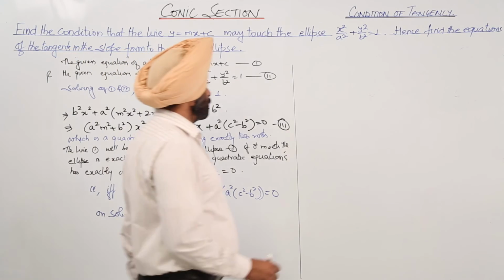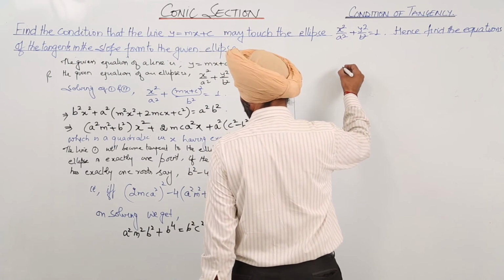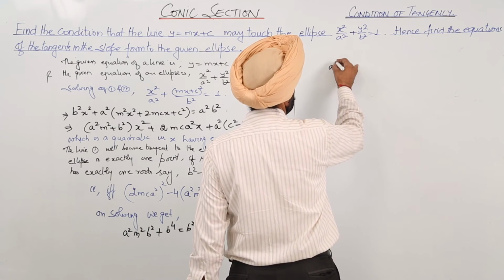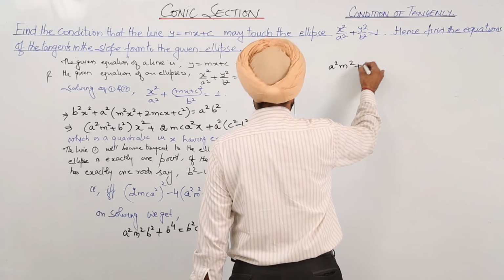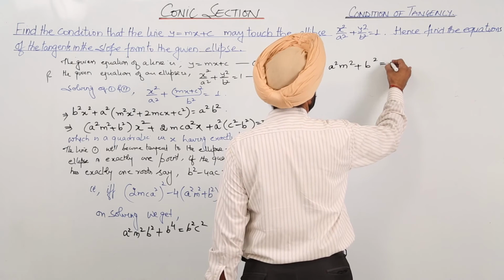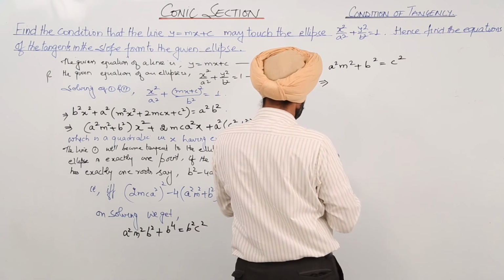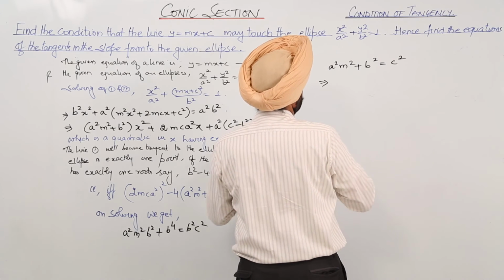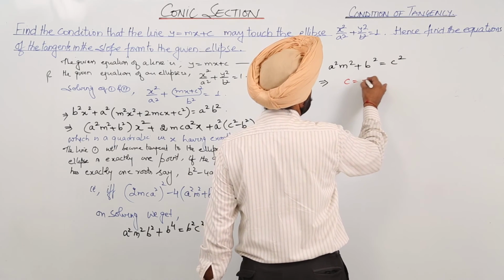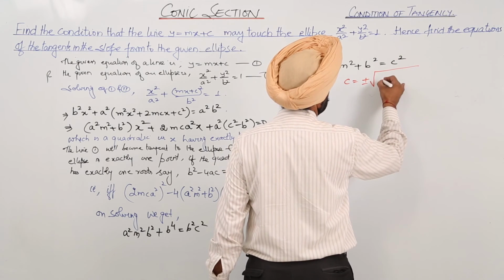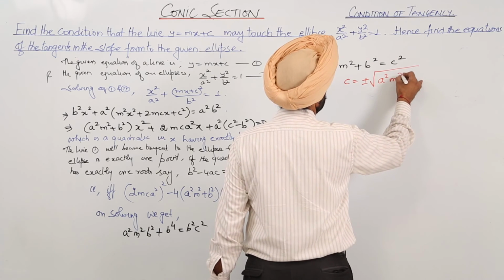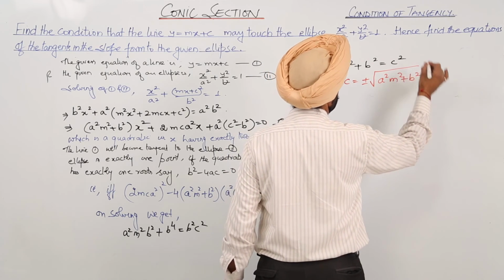Now taking b square common, what is left? a square m square plus b square is equal to c square, or finally c is equal to plus minus square root of a square m square plus b square.